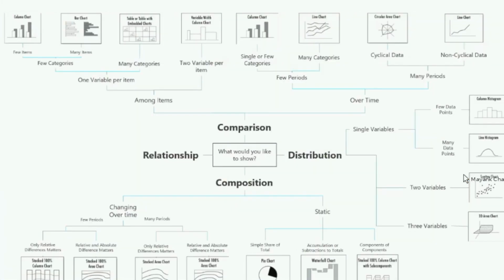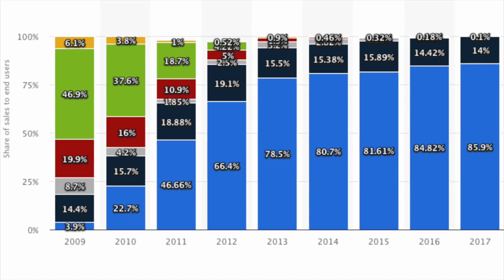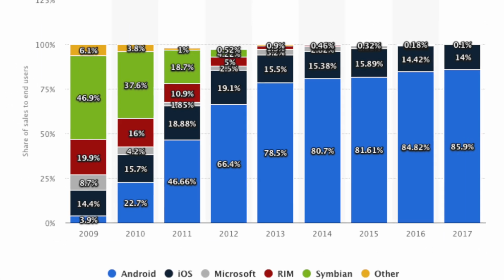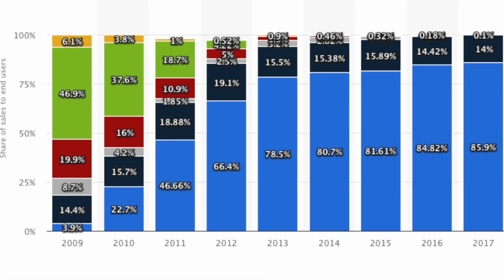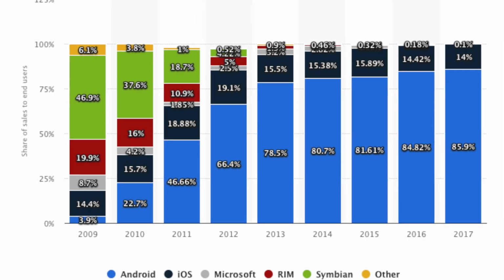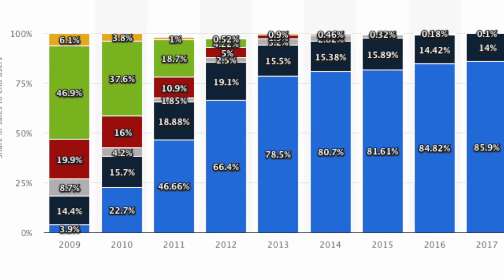And then finally, if you want to showcase components of components, 100% column charts of subcomponents are there. Here, as you can see, this shows the data of all the mobile OS from 2009 to 2017.